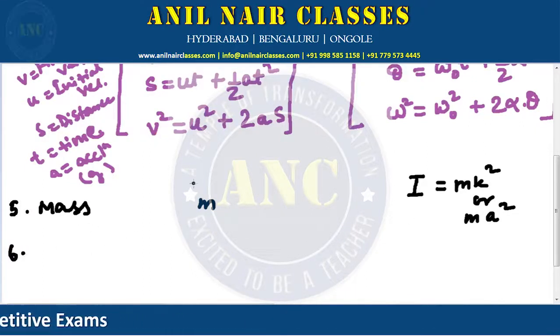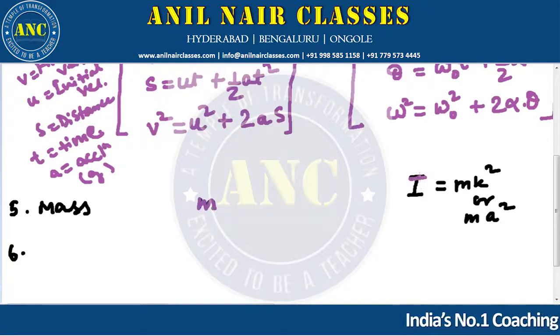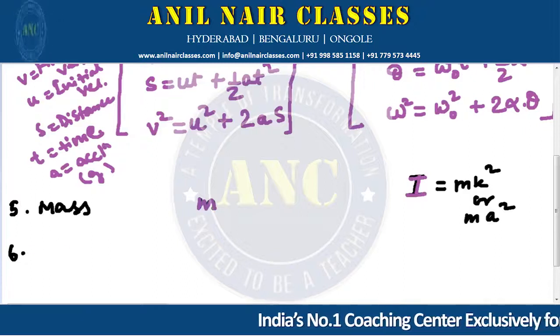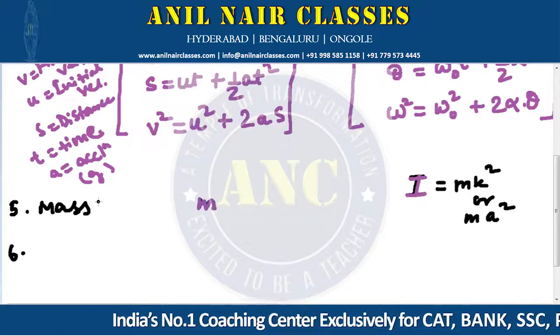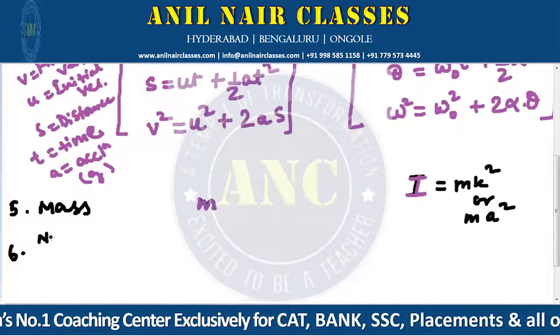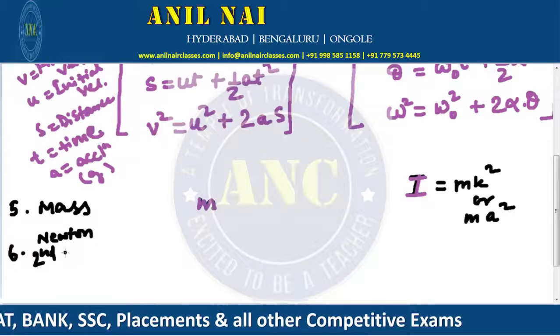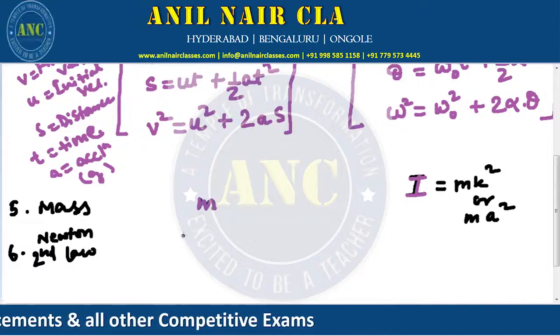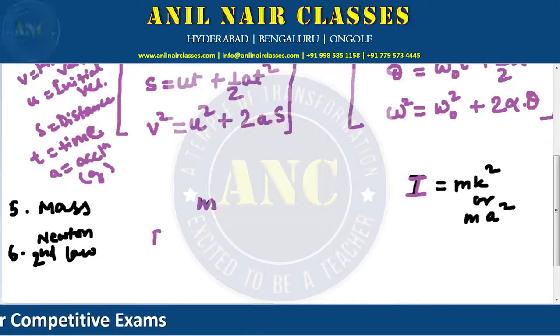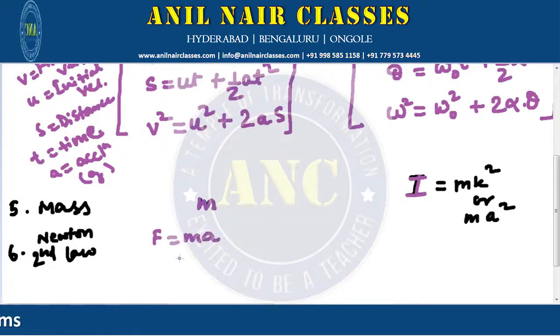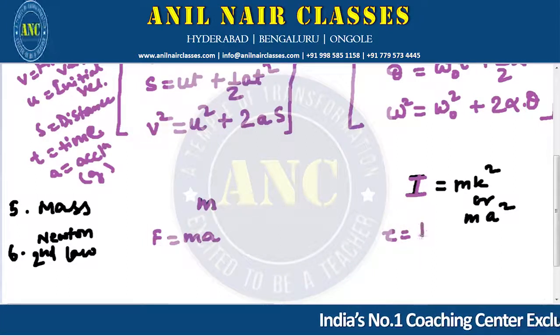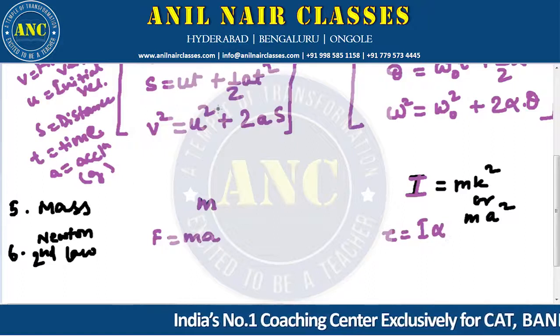Similarly, the sixth one, Newton's second law. According to Newton's second law, this can be mentioned as F is equal to ma, whereas here tau is equal to I alpha.